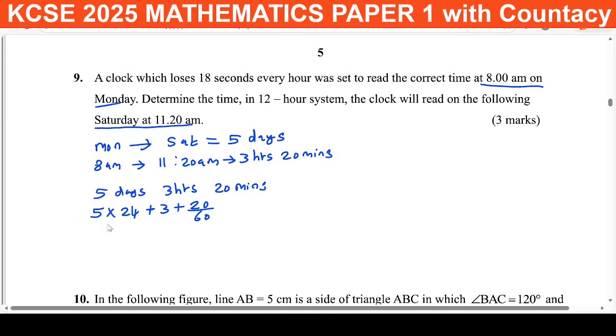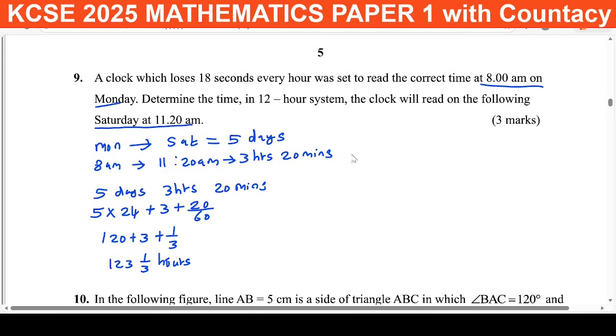So we have 5 by 24, that's going to give you 120. And then we have 120 plus 3, plus 20 divided by 60, that's 1 over 3. So finally we have 120 plus 3, that's 123 and 1 over 3 hours.